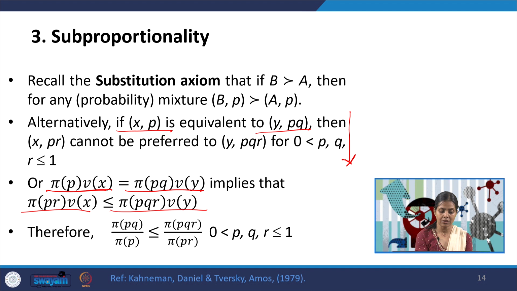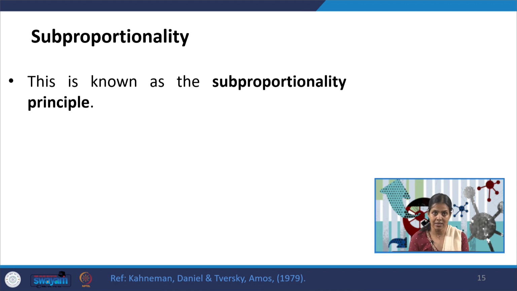From these two expressions, we can always arrive at the expression π(pq) by π(p) is less than or equal to π(pqr) upon π(pr), for all values of p, q, r that are greater than 0 and less than or equal to 1. Now, this is known as the subproportionality principle.